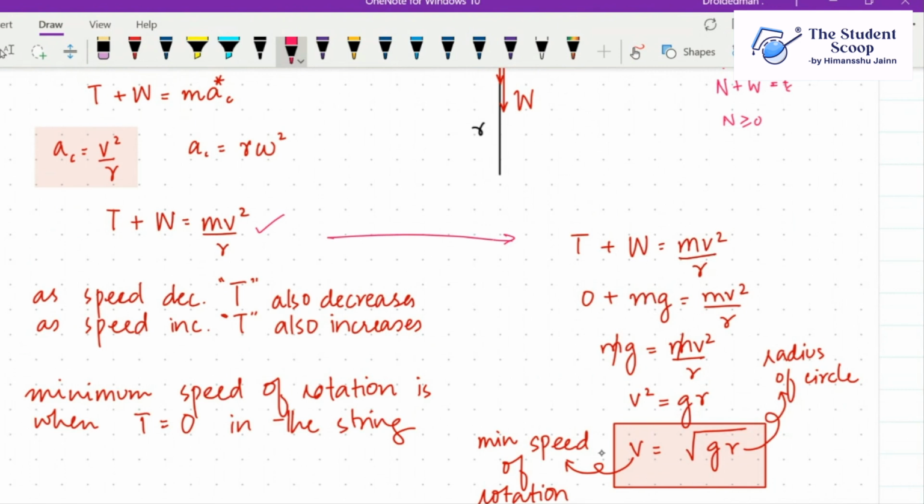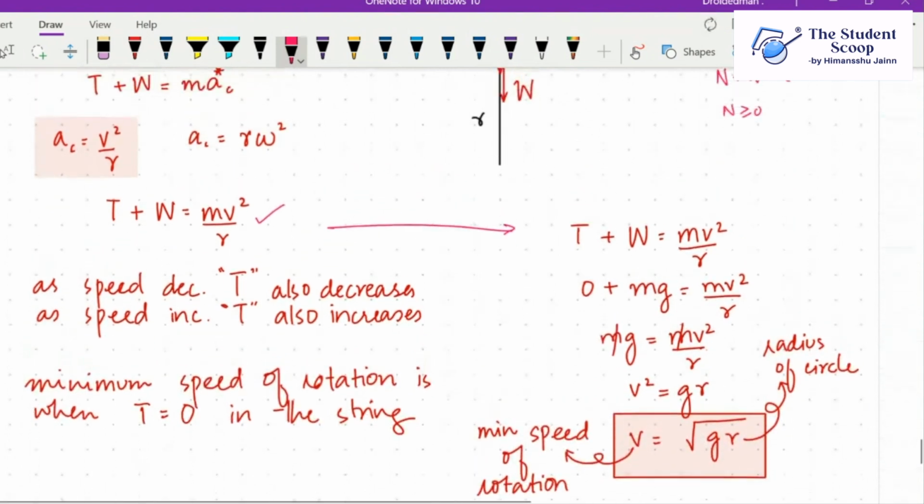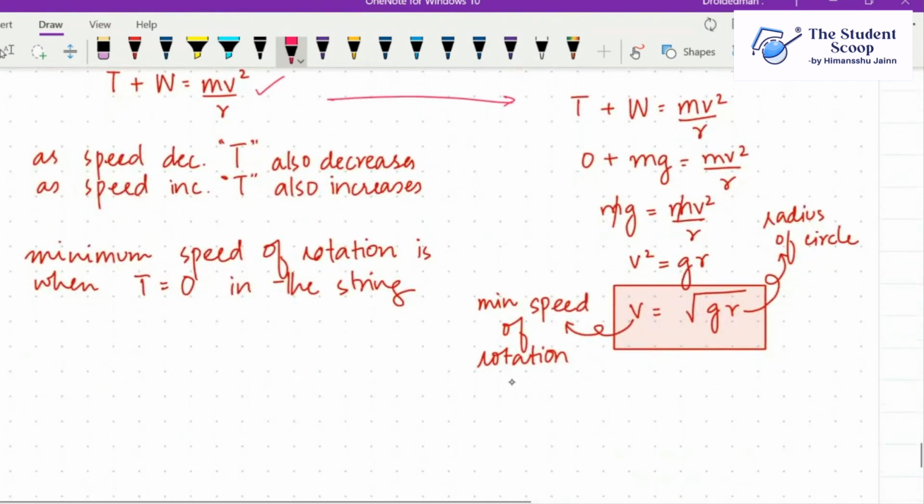The minimum velocity at the top of the circle in vertical circular motion is given as v equal to root rg.